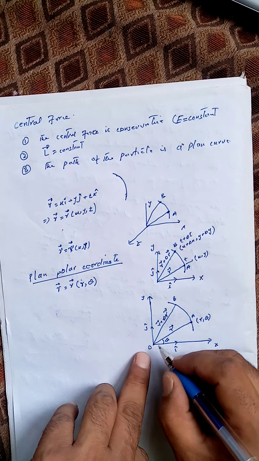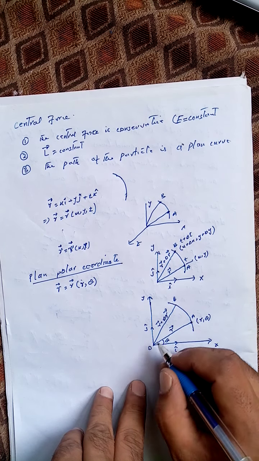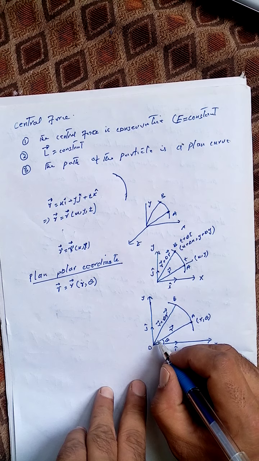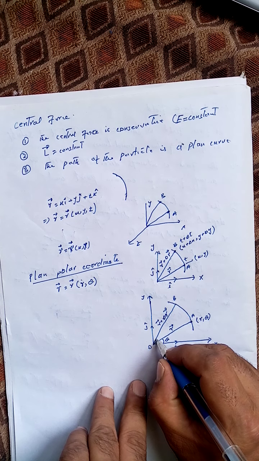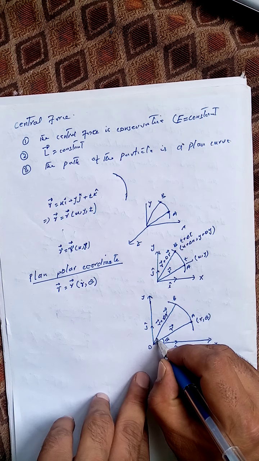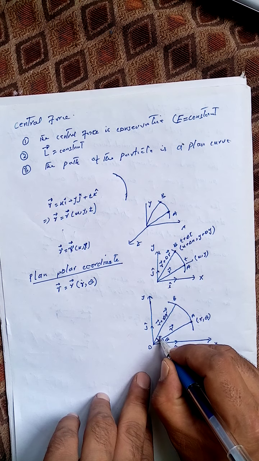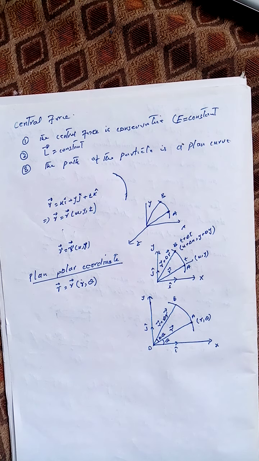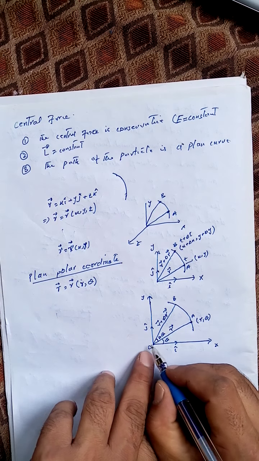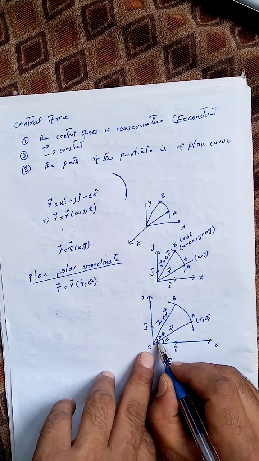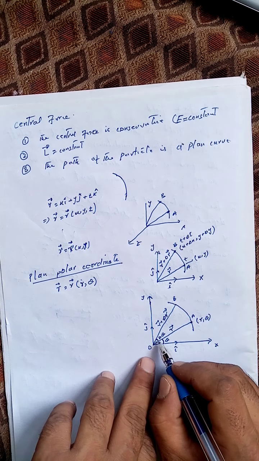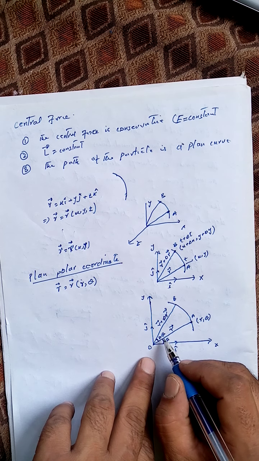At this point, if the particle moves from A to B, it will create a small angle also, which we represent by delta theta. So initially the angle was theta, and it creates a small angle which is delta theta.